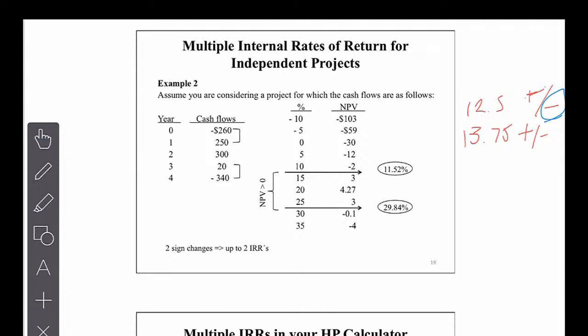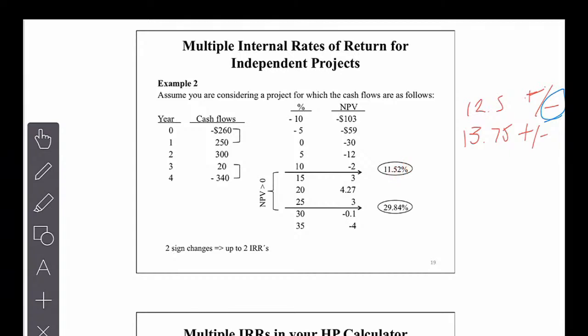You basically have to give it a starting value. You have to overshoot these values and put an interest rate or a discount rate high and then ask for NPV, and it'll iterate towards this one. If you put an interest rate low and press NPV IRR compute, it'll iterate for this one.